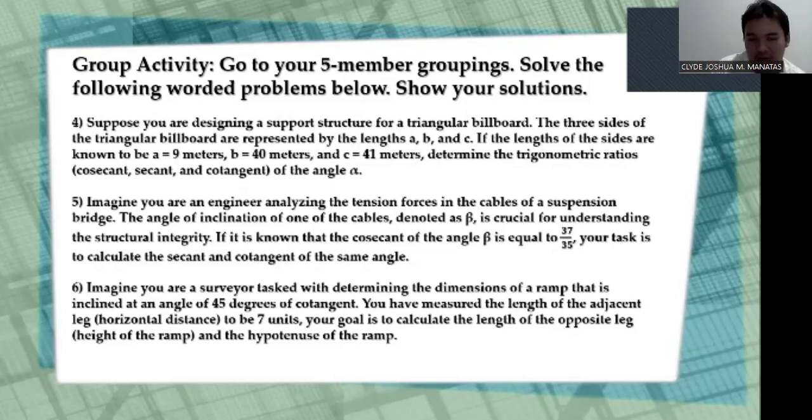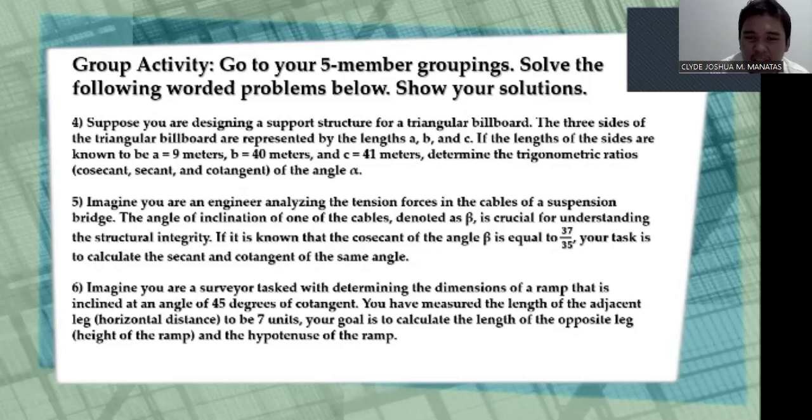Okay, so the last one, number 6. Imagine you are a surveyor tasked with determining the dimensions of a ramp that is inclined at an angle of 45 degrees of cotangent. You have measured the length of the adjacent leg or the horizontal distance to be 7 units.